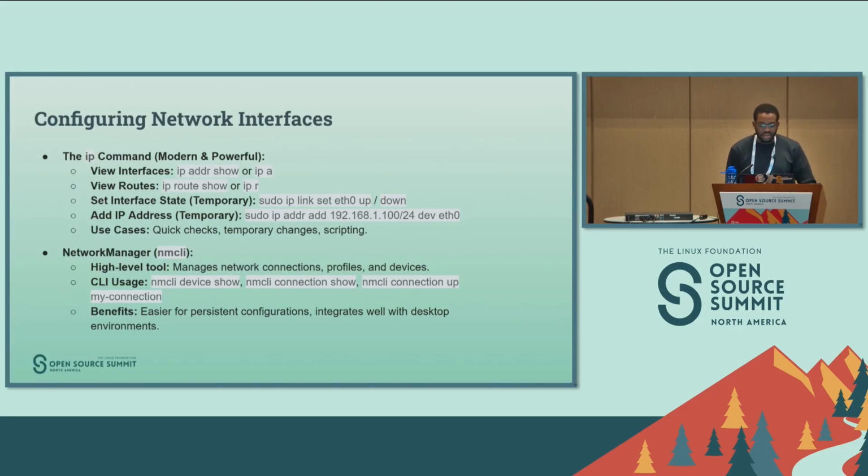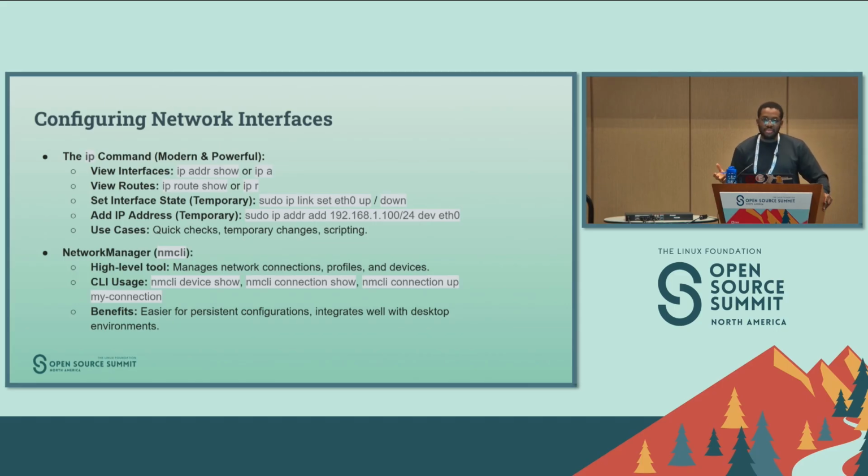Then to configure network interfaces, the easiest way is using the ip command, where you use ip address show to show the IP interfaces. You can do ip route show to show your routing table.